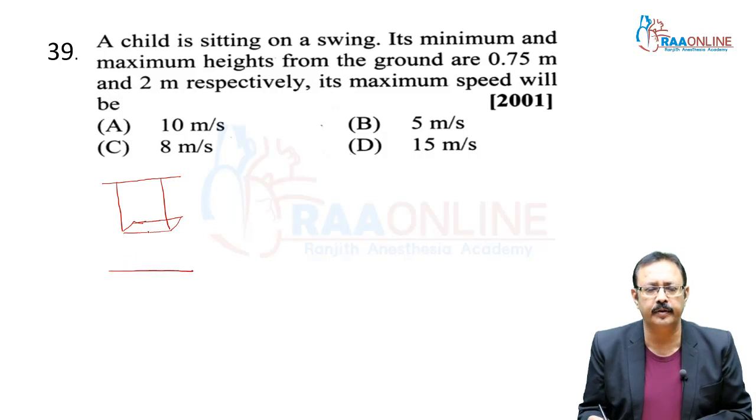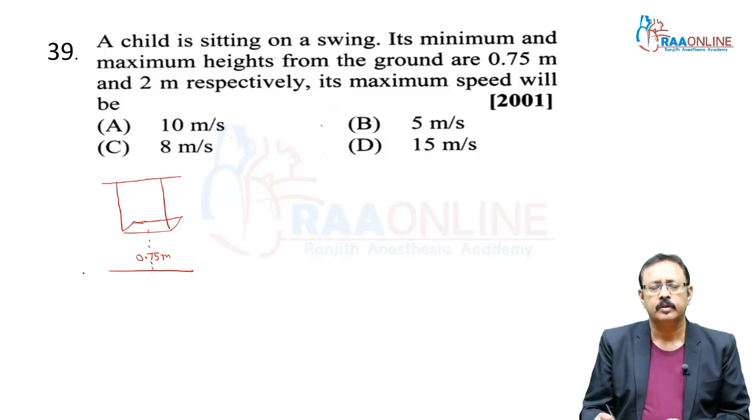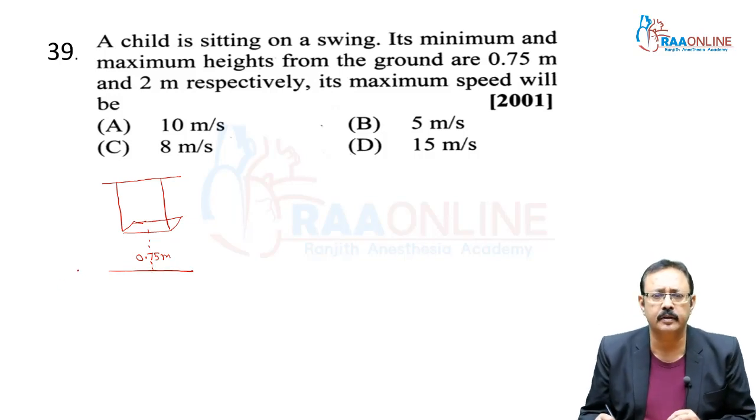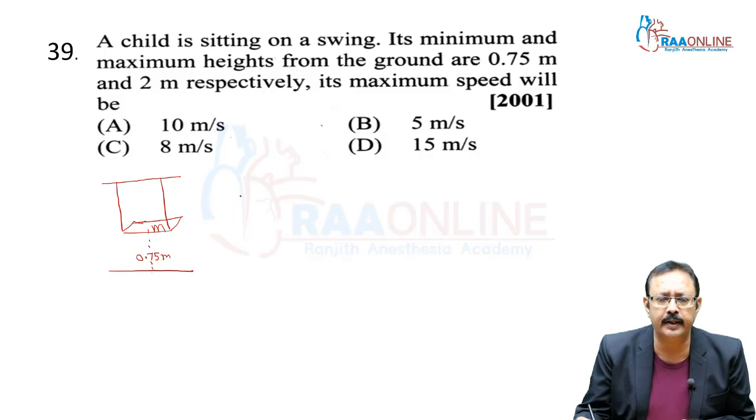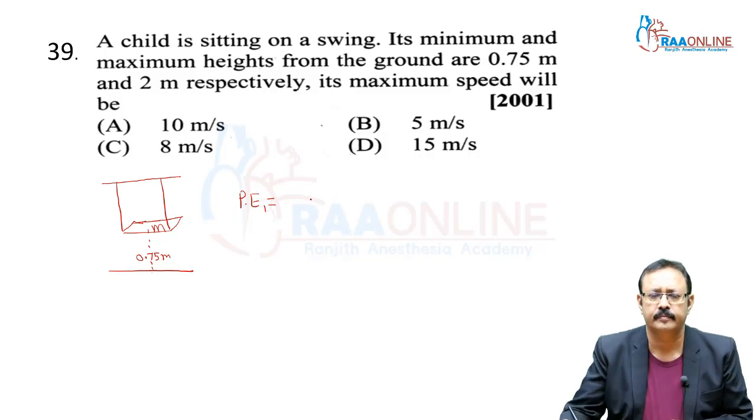Height from ground, it is 0.75 meter. Suppose the mass of this swing with child is m. So at this point, its initial potential energy was mgh.